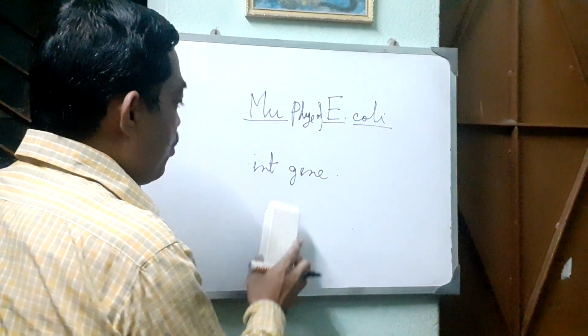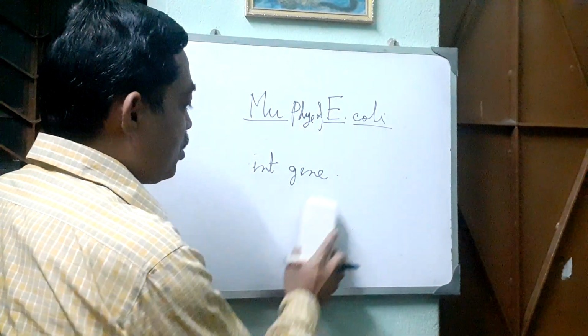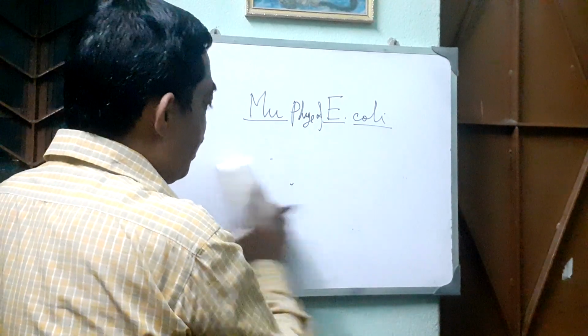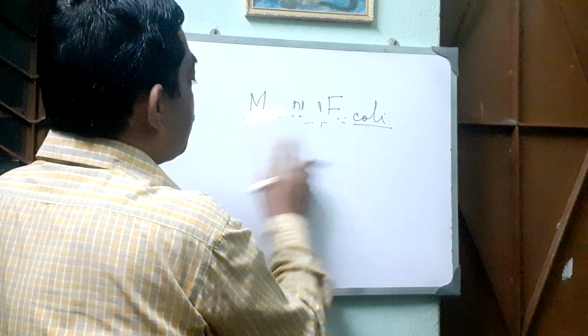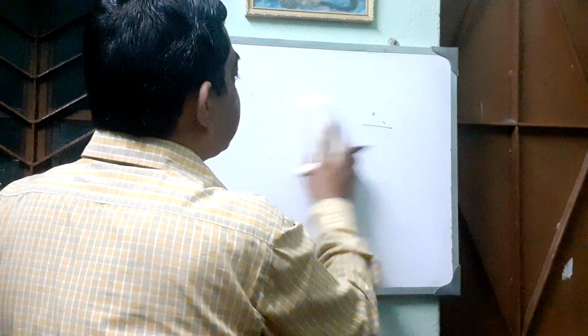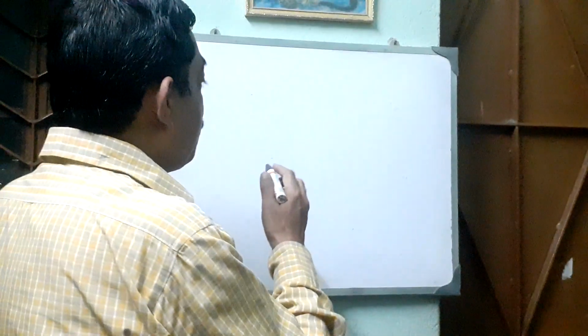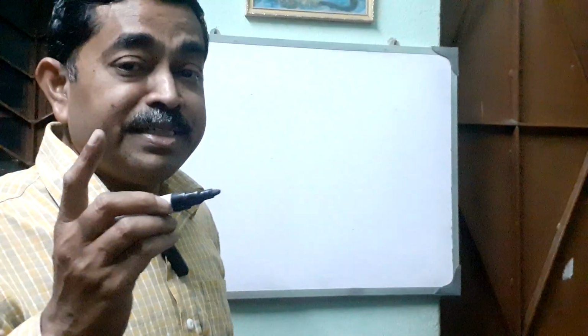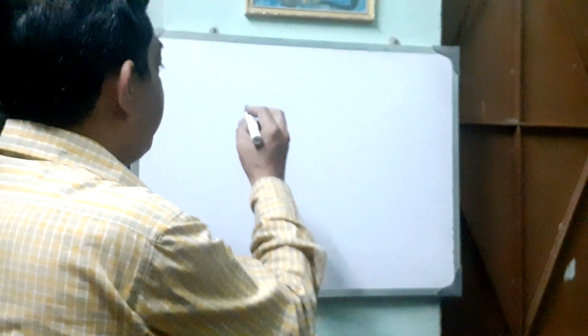Now, I have told you about the lysogenic cycle of bacteriophage or virus. This happens due to two types of gene transfer methodology.